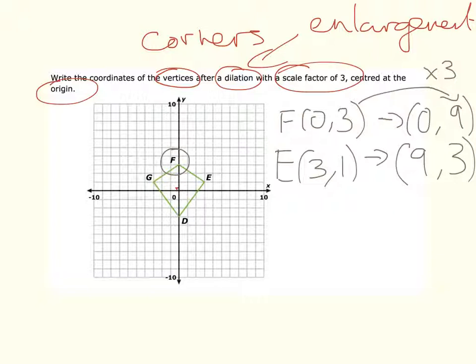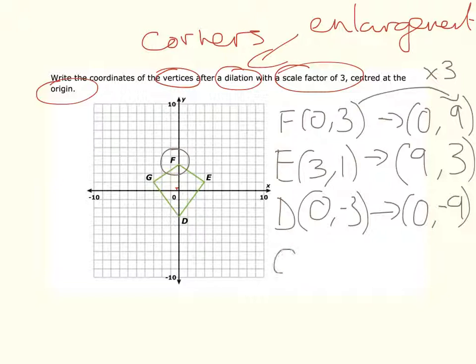Then if we do D, D is at the moment at 0, negative 3, that then becomes 0, negative 9. And G, the last of the vertices to calculate, is currently at negative 3, 1. So this is going to now become negative 9, 3.